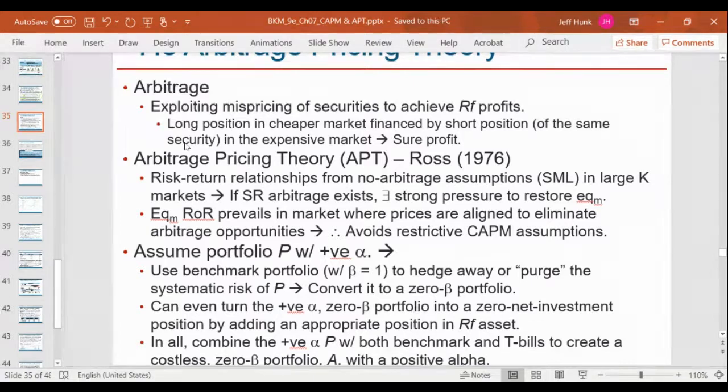That is basically arbitrage, because you don't have to use your own money, right? But again, it's not risk-free. That example was not risk-free.